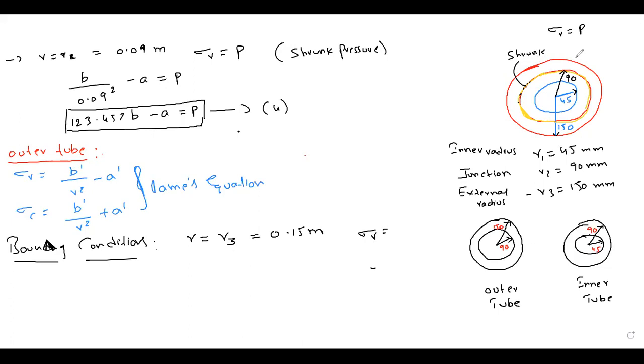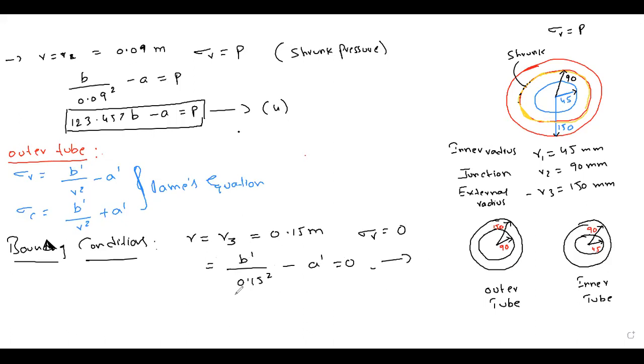See, the pressure is zero. Why? Because there is no external pressure acting on the cylinder. So at radius R is equal to R3 there is no pressure, so the radial stress is zero. Substitute these values in your radial equation: B dash by 0.15 square minus A dash is equal to 0.